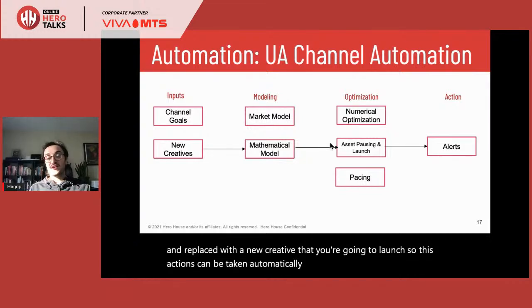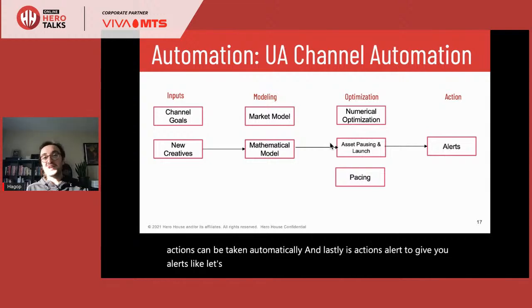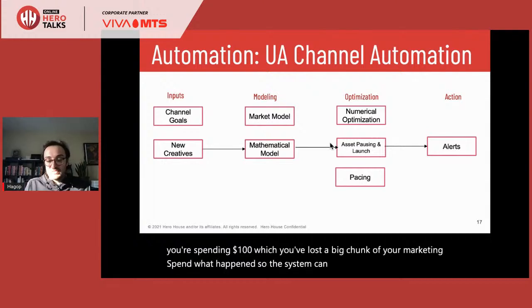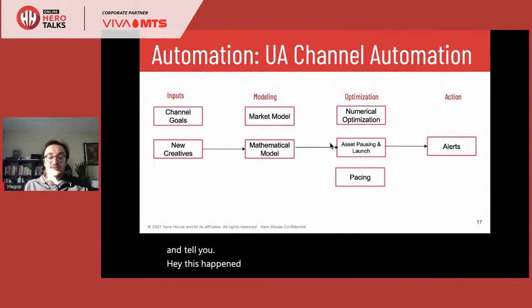And lastly is alerts. Let's say you were spending $1,000 on a daily basis, and suddenly you're spending $100, so you've lost a big chunk of your marketing spend. What happened? The system can alert you ahead of time and tell you, hey, this happened, take action. Then somebody from your marketing team can go in and take action.